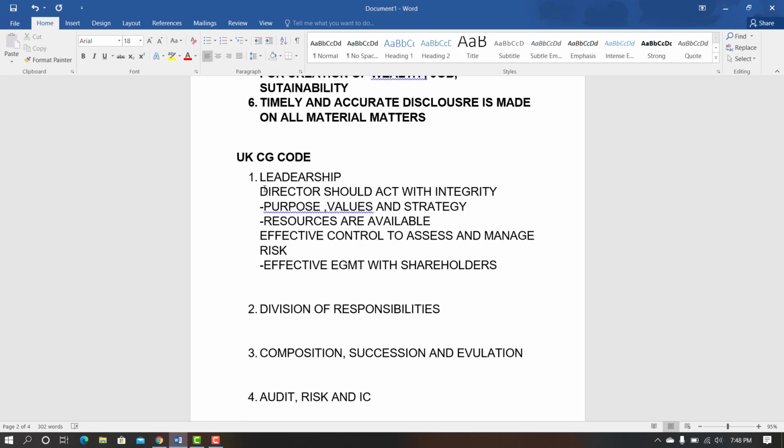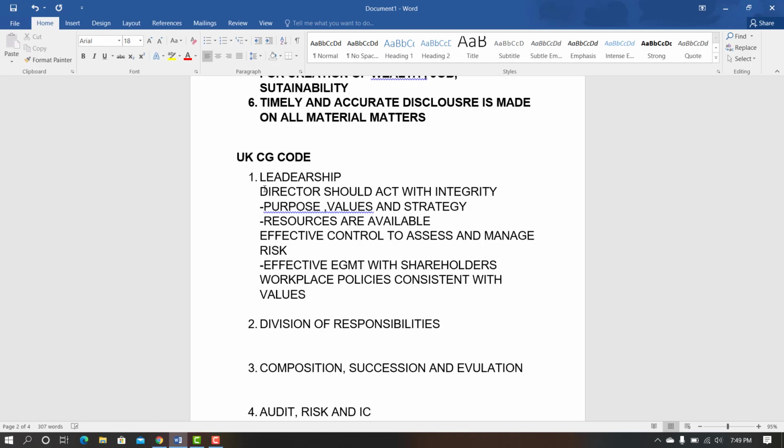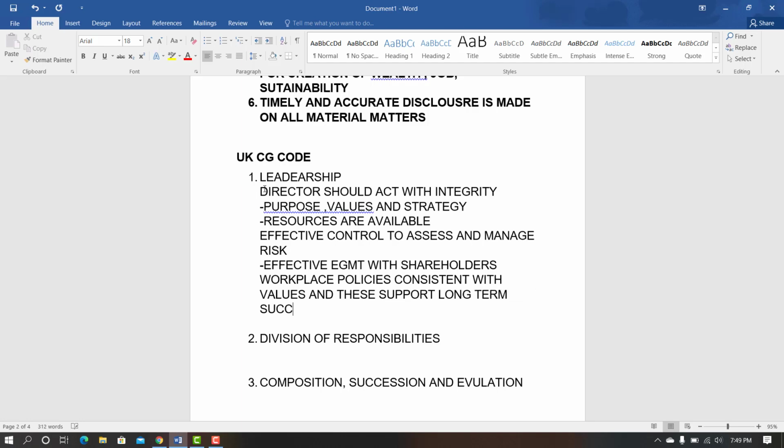And the board should also ensure workplace policies which are consistent with values, and these will support long-term success of the company.